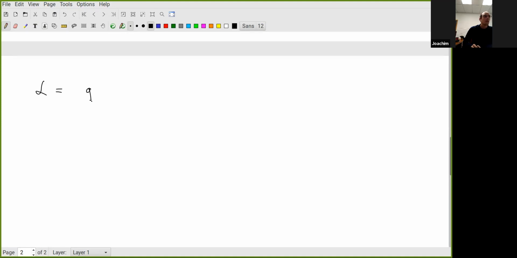It will look like this: G_V, some coupling, and then I have, let's say, a dark matter vector current coupling to a massive gauge boson, and the quark current is also coupling to this massive gauge boson. So let me write it down and explain it a little bit more.